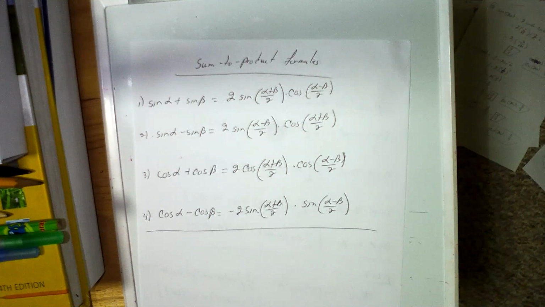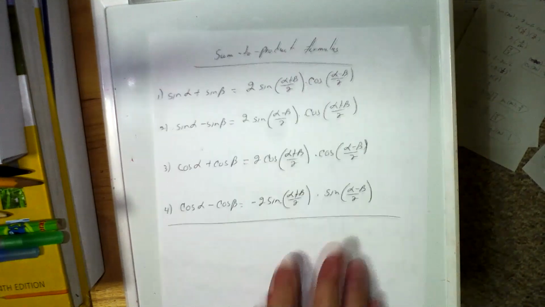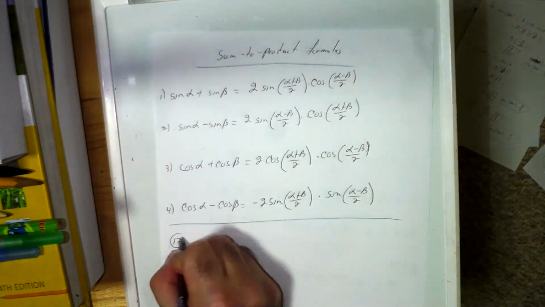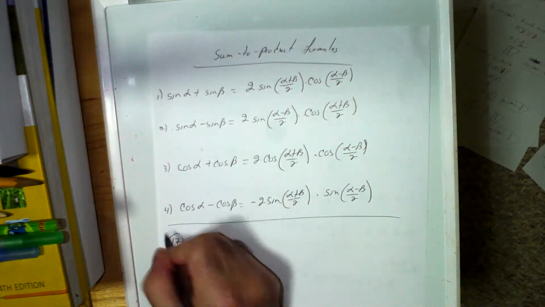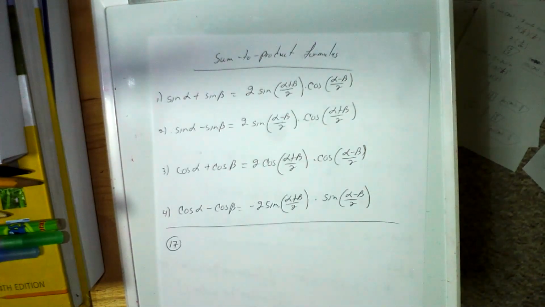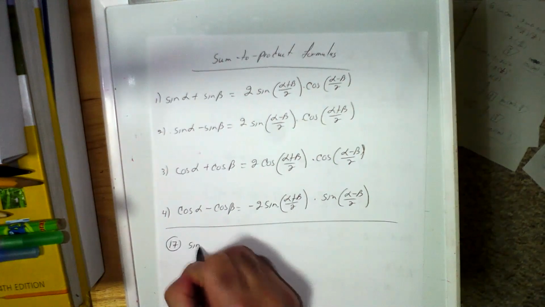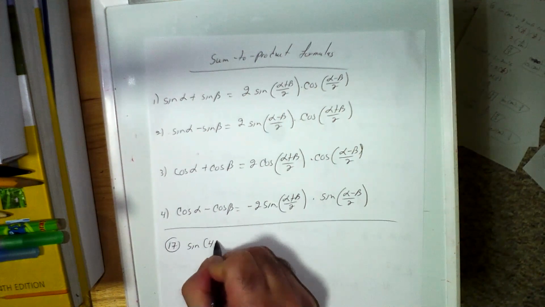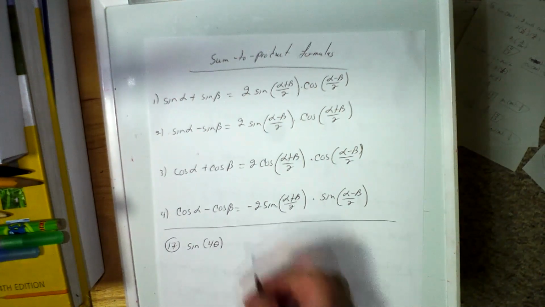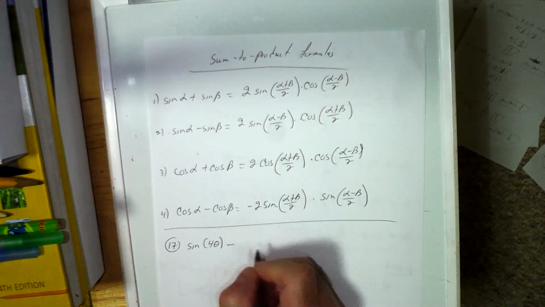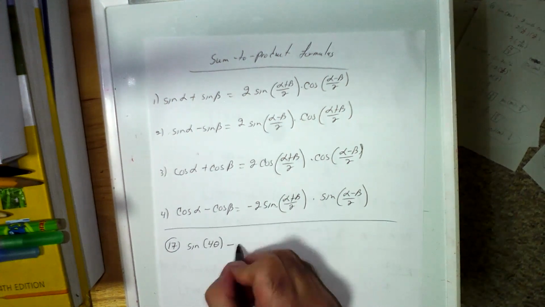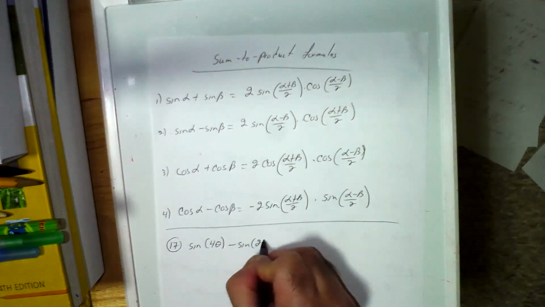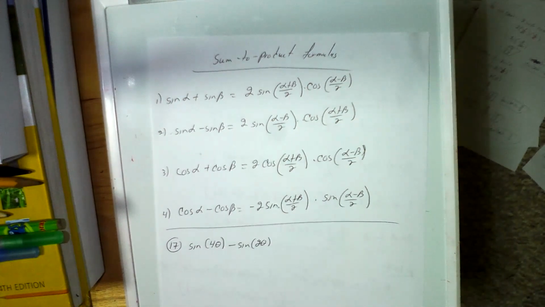So we're going to start with number 17 on page, you know what page it's on. I don't want to say it. All right, so number 17: sine of 4 theta minus sine 2 theta. I hate it when they use thetas. It looks like zeros. Again, like we did with the other one, you want to match.